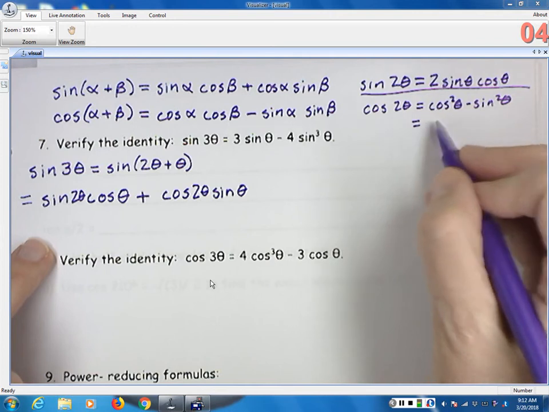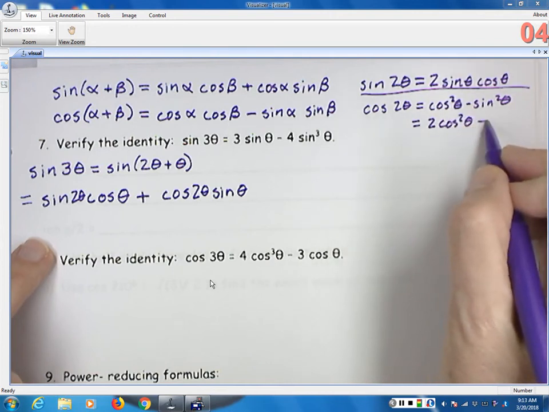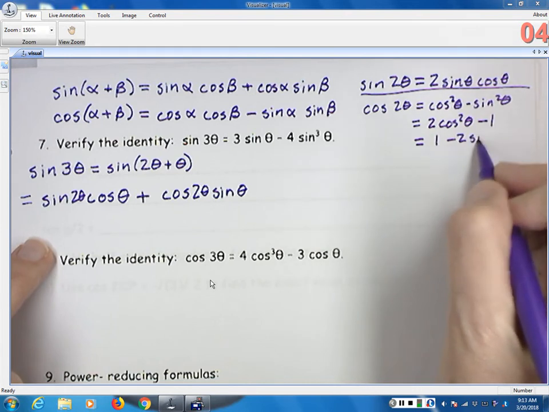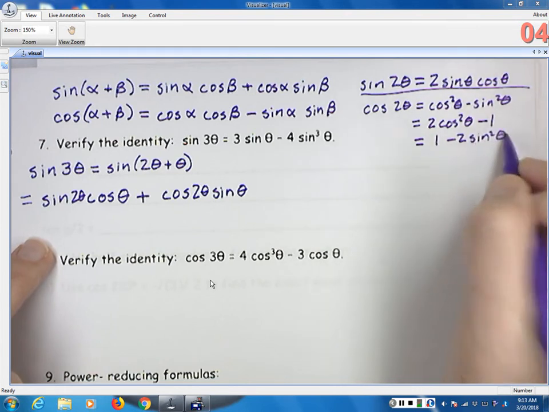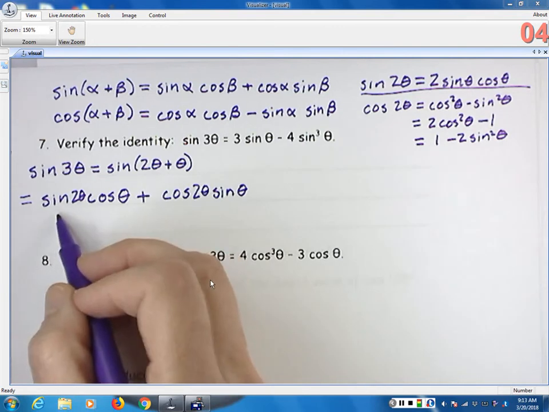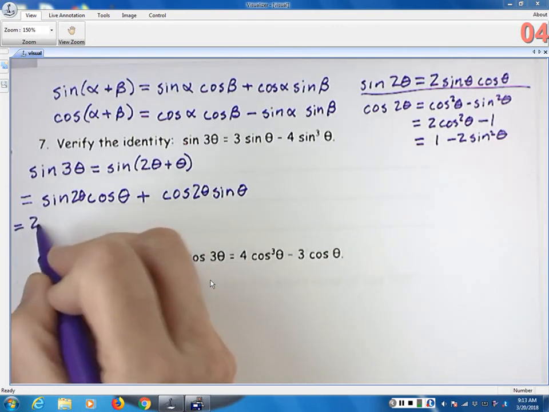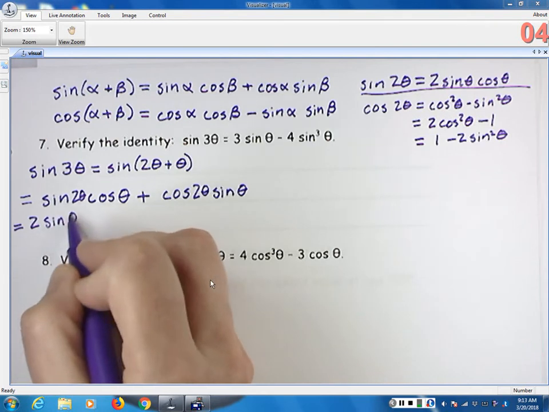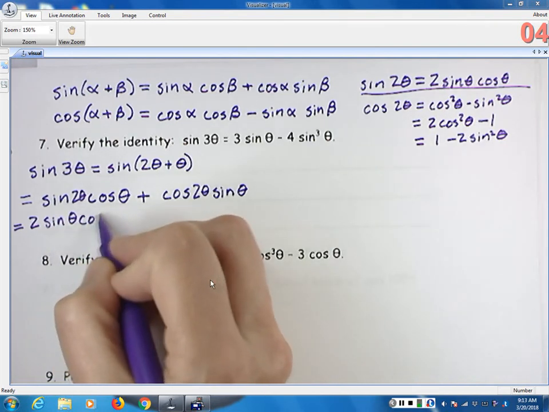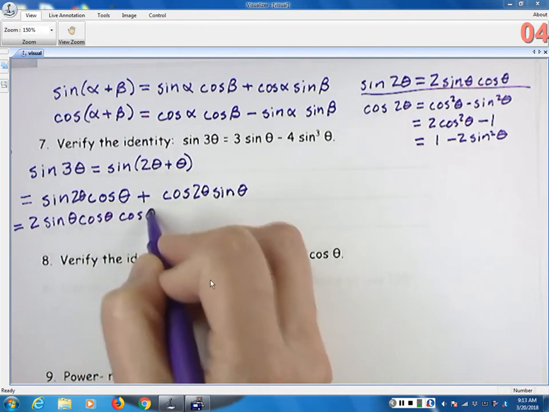Or equals 2 cosine squared theta minus 1, or it equals 1 minus 2 sine squared theta. So, replace sine 2 theta with this. Equals 2 sine theta cosine theta. And then bring down the cosine theta plus.